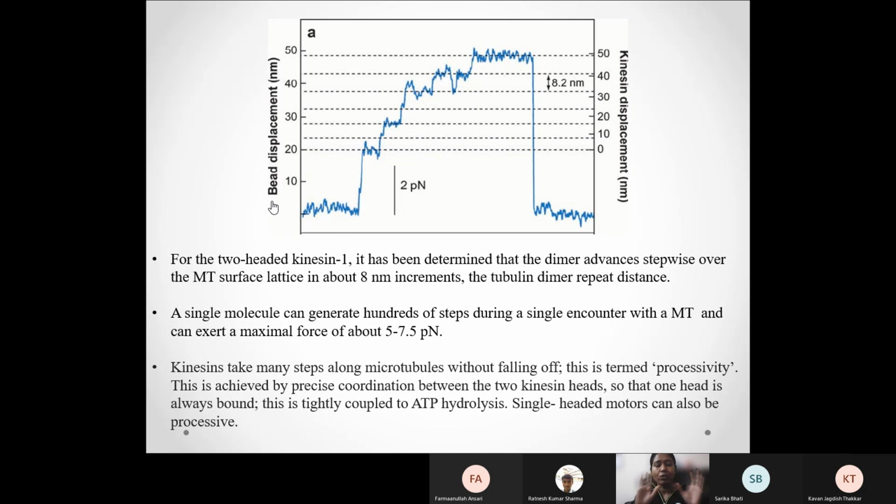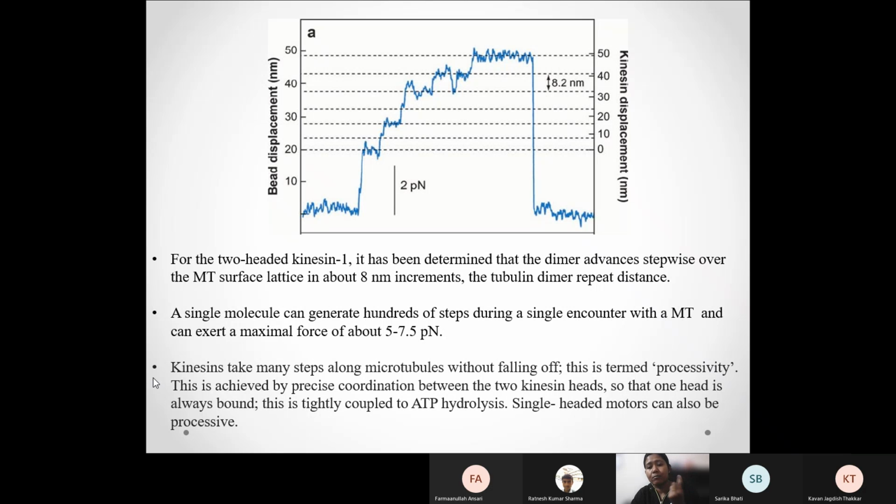Let's now imagine what the setup would be like. The setup would be something very simple. You would have a microtubule on a glass slide. You take a glass slide and you're able to etch microtubules on it.